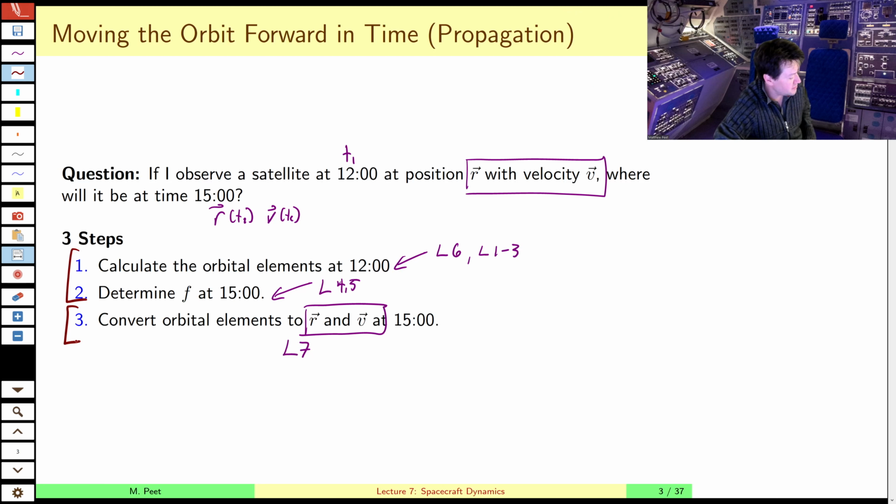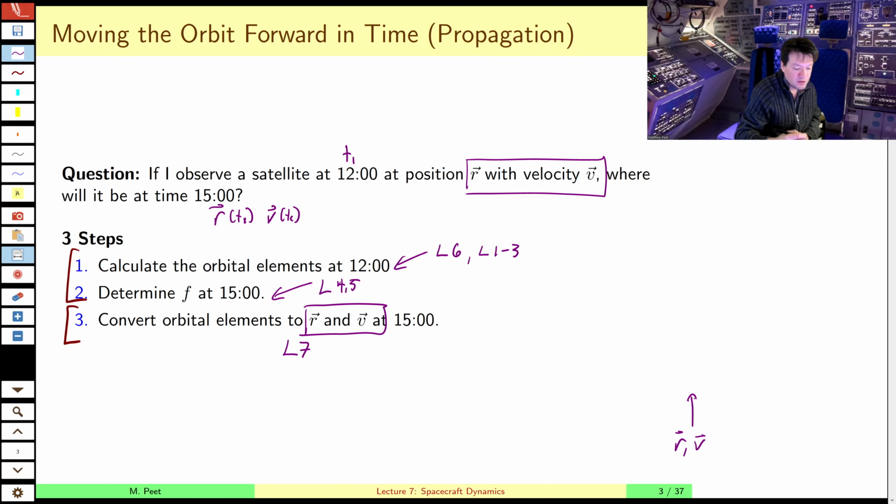Just a quick word. This last step is conceptually quite challenging. It's very different than what we went through in lecture 6, where we were determining the orbital elements given the position and velocity vectors.